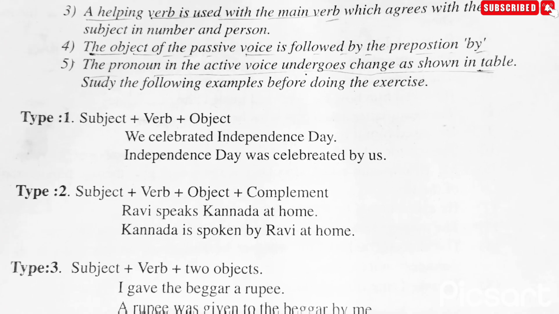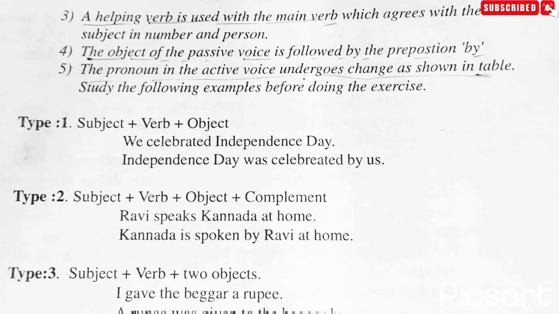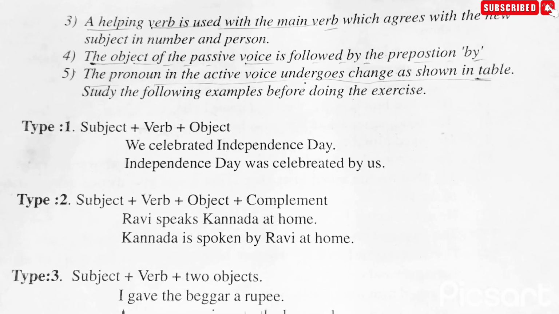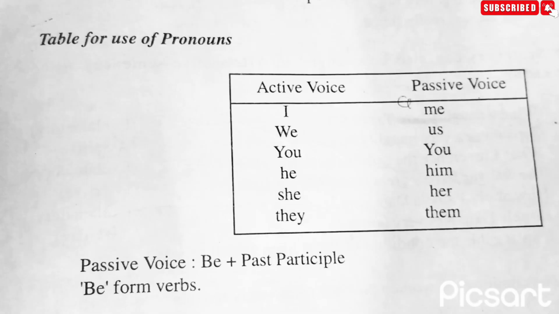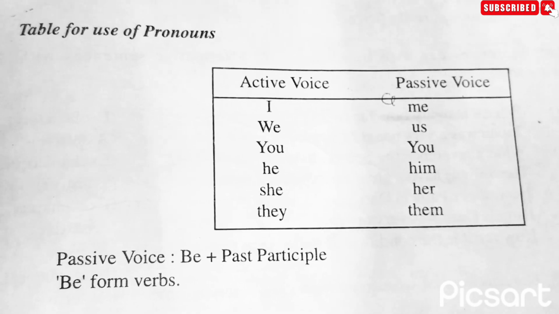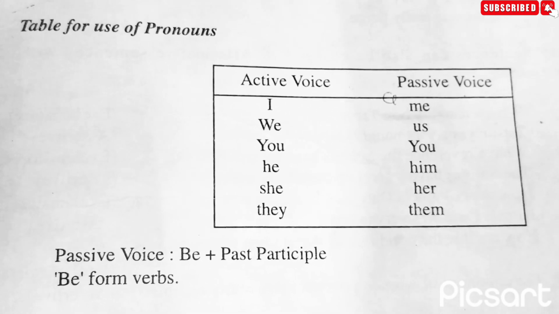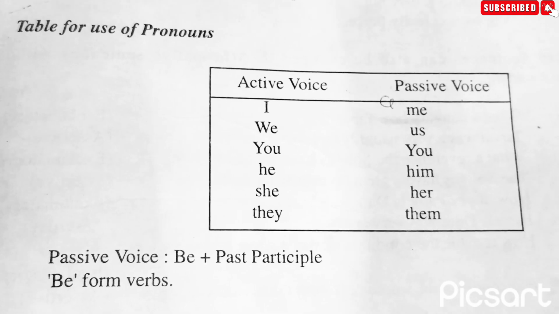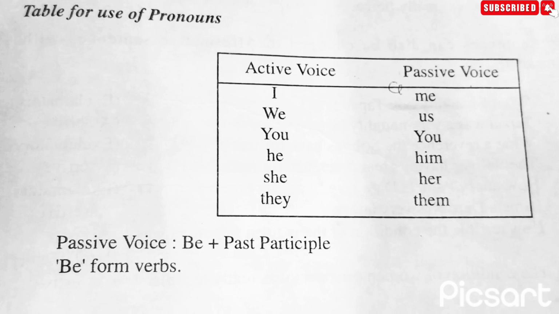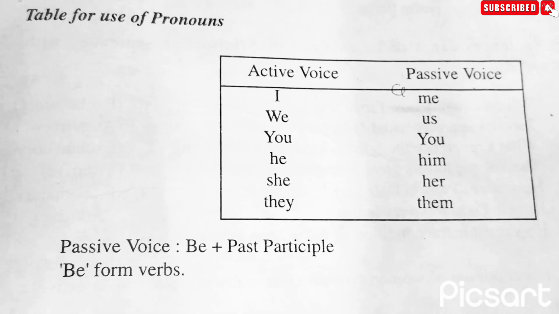The pronoun in the active voice undergoes a change as shown in the table. Look at the table. I changes into me, we changes into us, you changes into you, he changes into him, she changes to her, they changes to them.